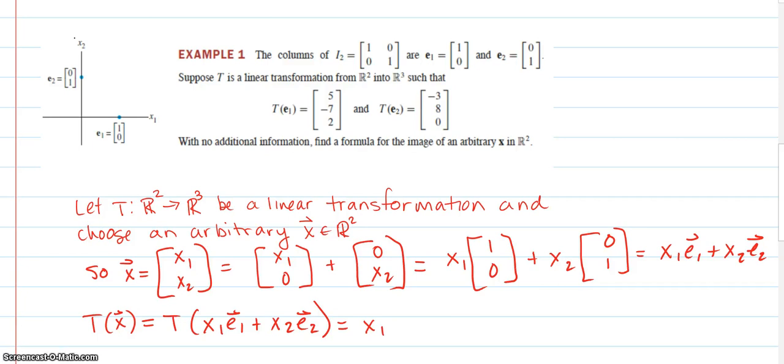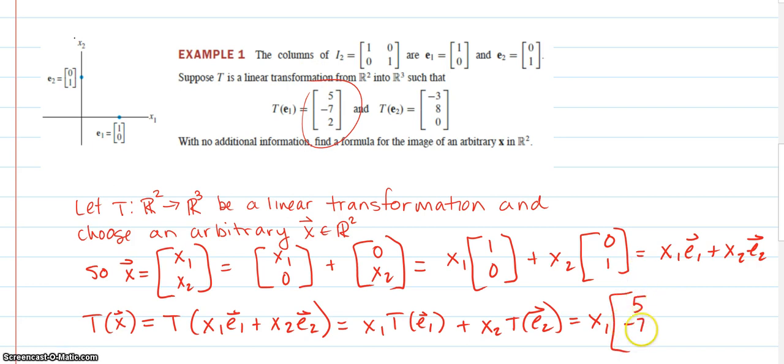So I'm going to do both of those in one step. Now, these are actually vectors, and these vectors are given. So that is actually going to now be x1 times T of e1, which they give you right here, and x2 times T of e2, the vector negative 3, 8, and 0.